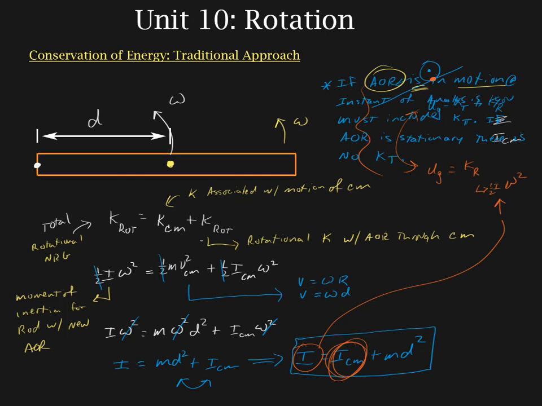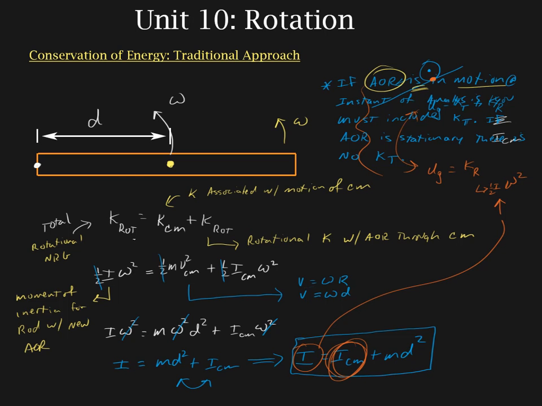And then on the right side, we're dealing with rotational kinetic energy. This K rotational here deals exclusively with when the axis of rotation is going through the center of mass for the object. And this is whenever the axis of rotation is not through the center of mass of the object.